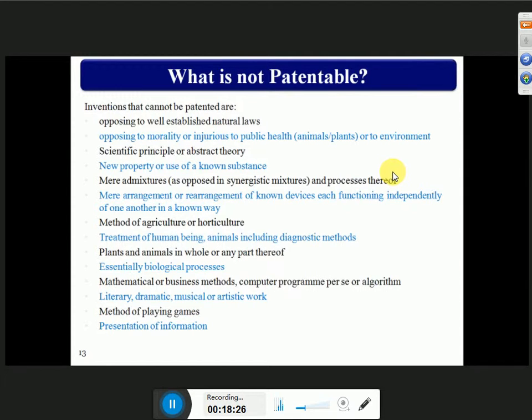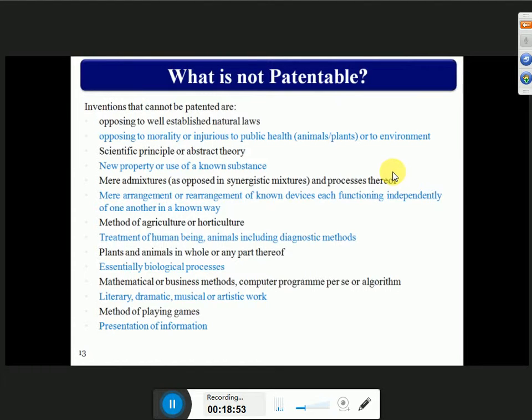Some things that you cannot patent are written over here. Inventions that cannot be patented are those opposing well established natural laws, right? The laws which are well established in nature, you cannot oppose and file a patent. A scientific principle or abstract theory, you cannot patent.